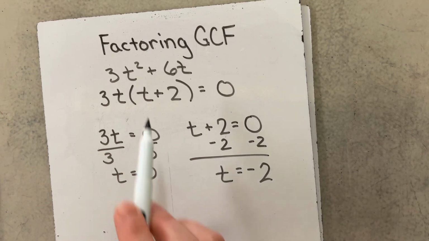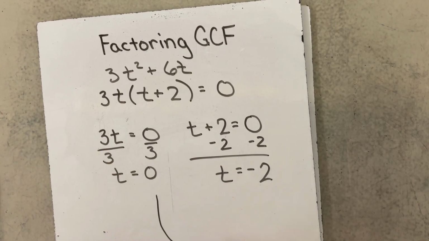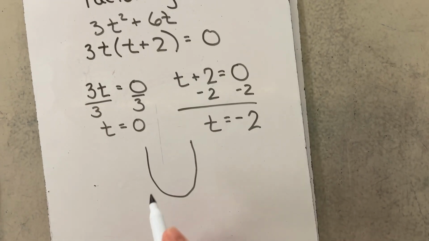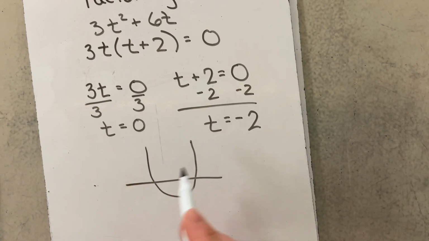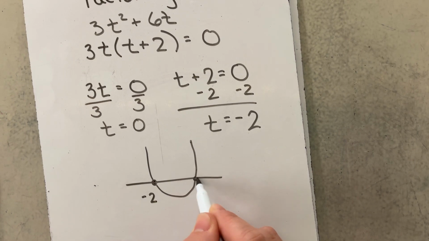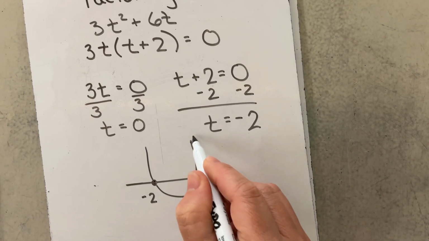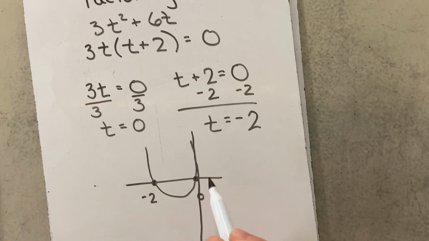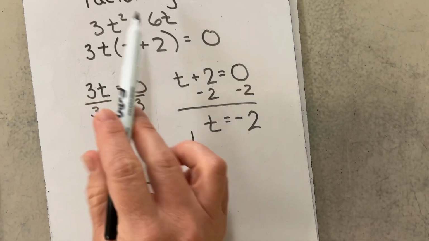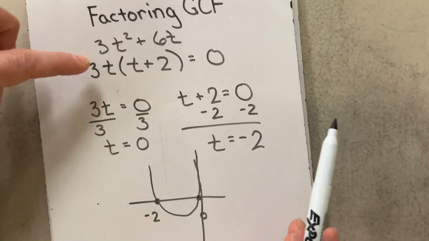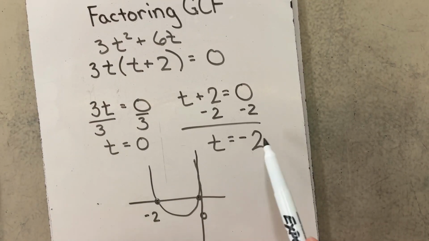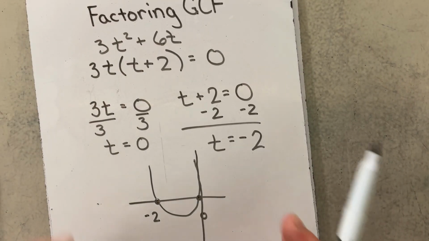Okay, we're going to learn soon that this graph is actually going to look like this, and these 2 points are where it crosses the x-axis. So there's the -2, and there's the 0. Okay, this is called a parabola, which is what these are. Okay, and these points are where it crosses the x-axis.